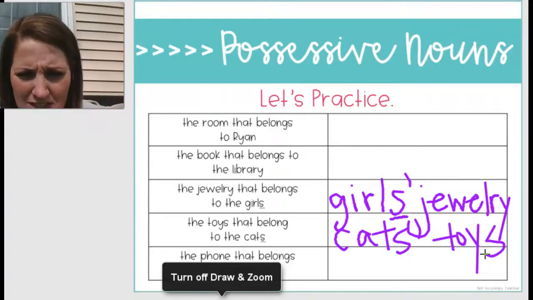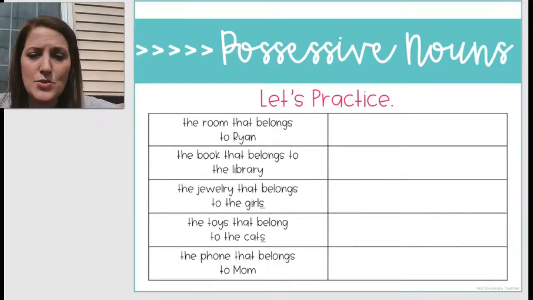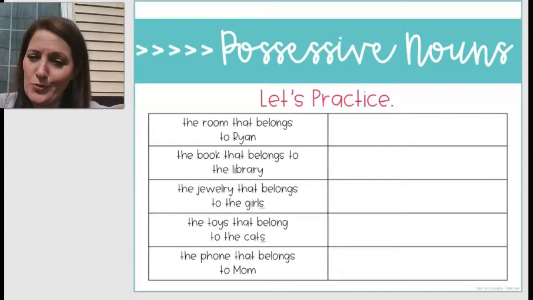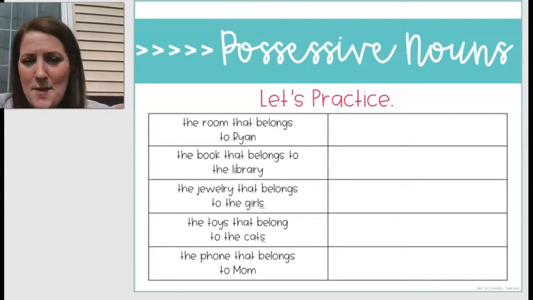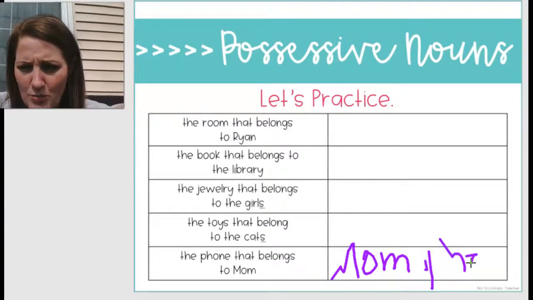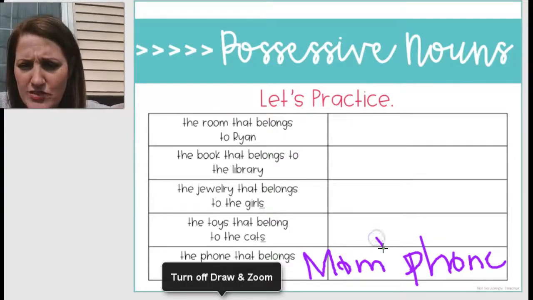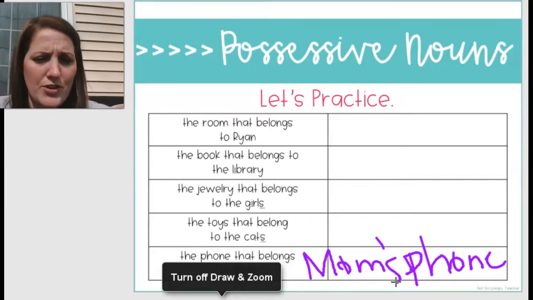And then the last one says the phone that belongs to mom. Is it mom's phone or phone's mom? Only one of those makes sense. It is mom's phone. Whoa, my computer just went nuts. Hold on. There we go. Since there's not already an S on mom, we need to add the S. So it would be apostrophe S, mom's phone.